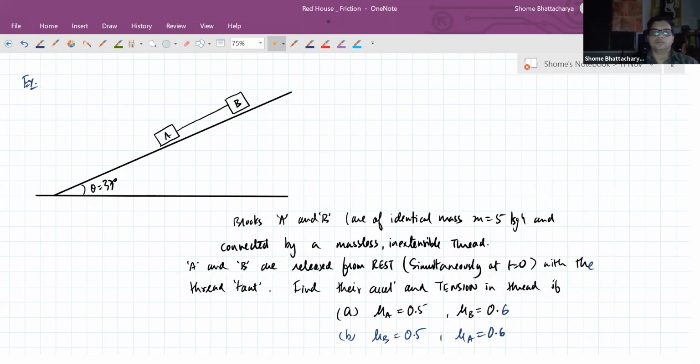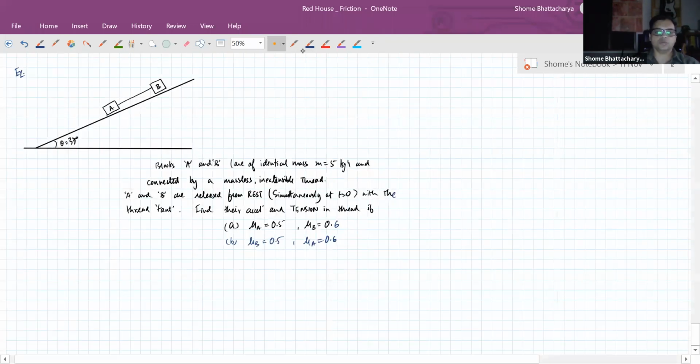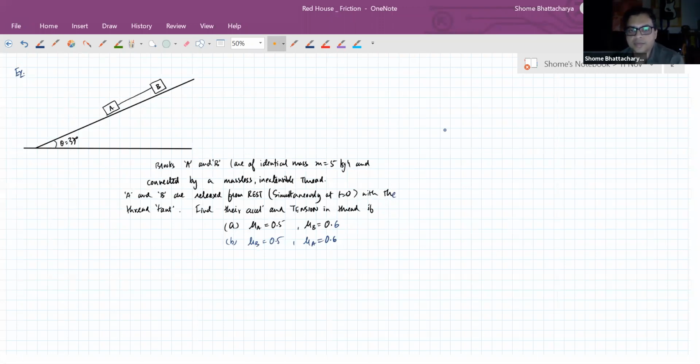Okay, so just quickly work out in your mind what are the possible things that can happen and in which of those cases those things will happen. Can it be that they will move together with common acceleration? Can it be that A will move faster than B? Can it be that B will move faster than A? What all cases are possible? And what is the condition for those cases to occur?